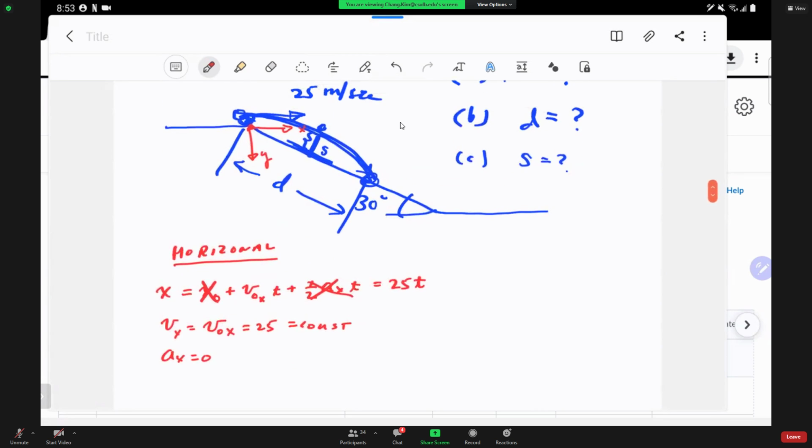Now, the y direction, the vertical. The vertical motion will be y, but this one is uniformly accelerated motion. So at any point, the jumper is going to feel the gravity, right? The acceleration in this case is g. So same thing.